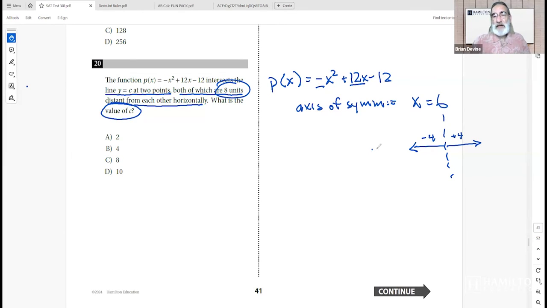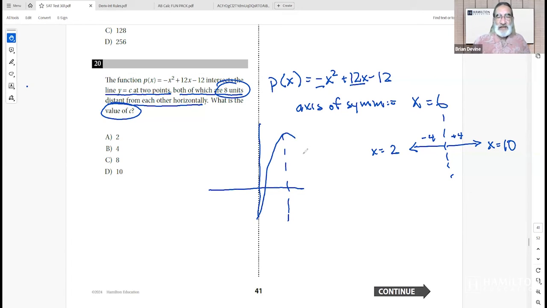And I'll be at x equals 2 and x equals 10. I mean, we know that this thing is going to do something like this. And if I go 4 this way and 4 this way, well, these guys here will be 8 units apart.